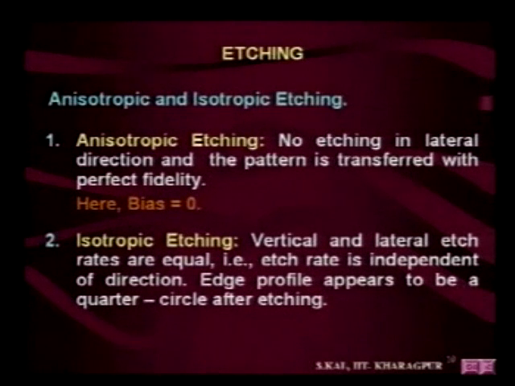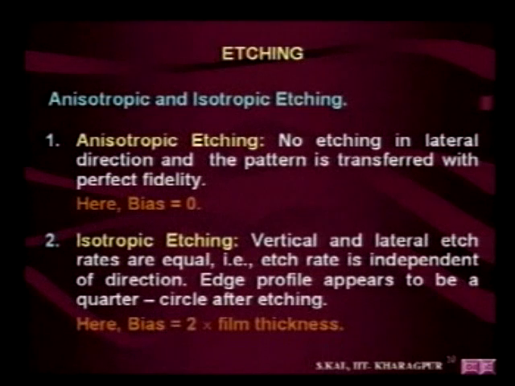So in isotropic etching, the etch profile appears to be a quarter circle after etching. In this particular case, bias will be 2 times the film thickness, as we described in the earlier diagram. The bias equals 2 times the film thickness in isotropic etching.